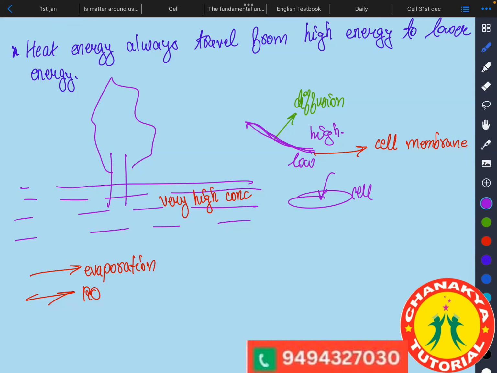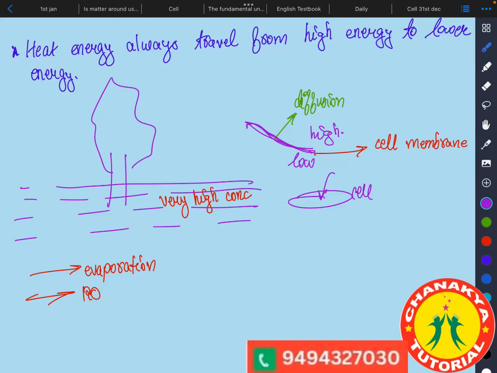But in terms of an animal cell, if you place an animal cell in a high concentration, high pressure, that is a different process.